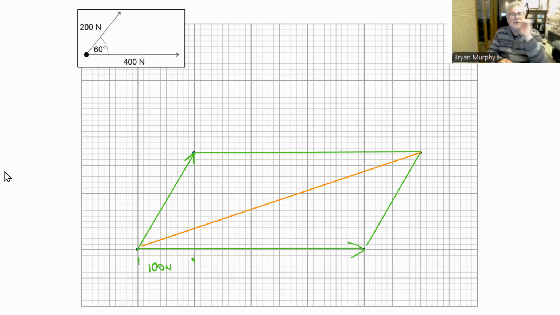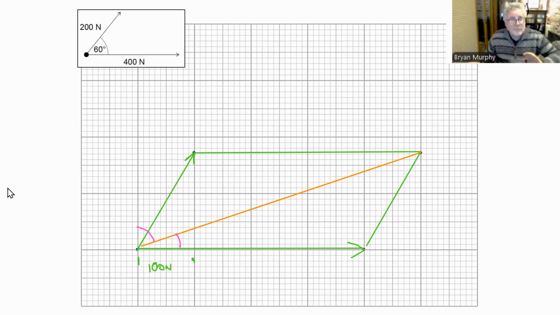Then I take my ruler, measure its length, convert it to a force using the scale, and then job done. Then measuring this angle here, I can work out the angle to the horizontal. I could have worked out the angle to the vertical. Doesn't really matter. Your choice. So that's how you do it by scale drawing.